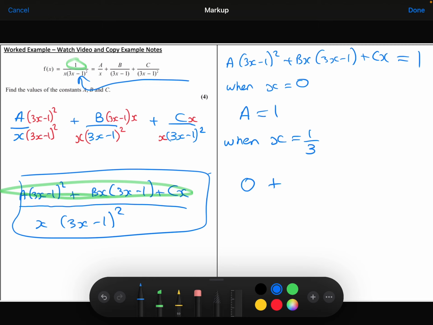Now when I substitute 1/3 in here, this is also going to be 0, since 3 times 1/3 minus 1 is 0. So again, all of this second term will be 0. And then finally, when I substitute 1/3 into the c term, I'll get 1/3 times c. And so now I've got the very easy equation, 1/3 of c is 1, therefore c is 3.